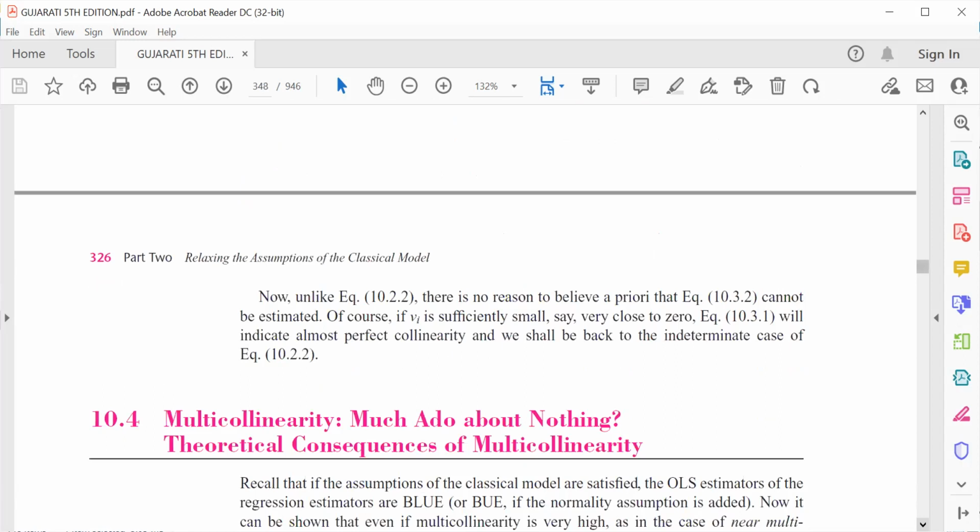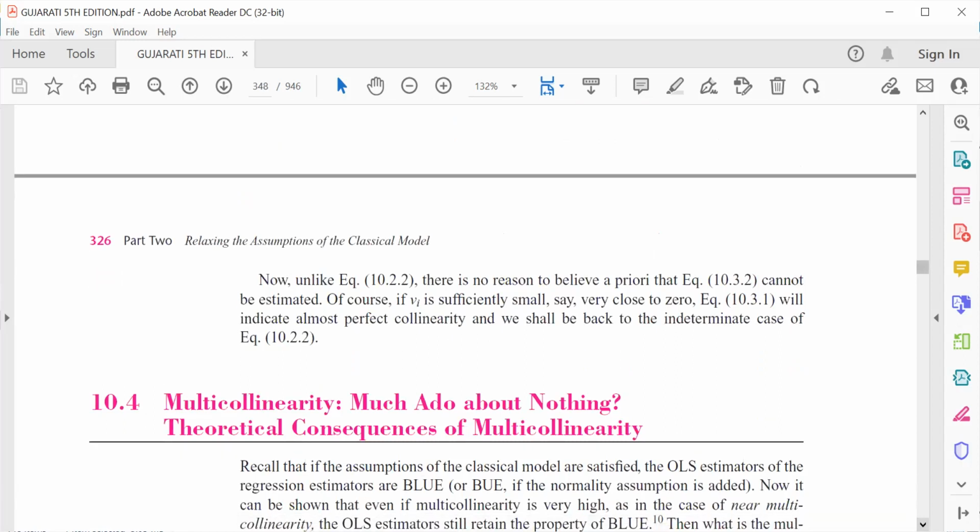If there is imperfect multicollinearity, we can still calculate the parameters, but usually the parameters will have high standard errors.